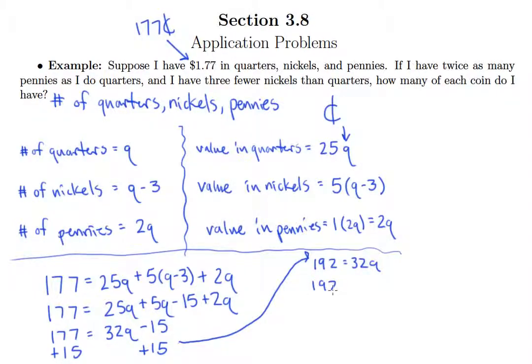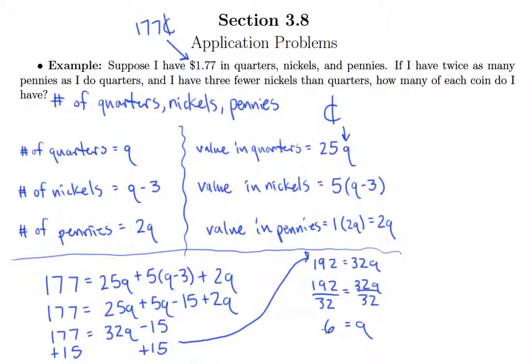So we divide both sides by 32. 32 goes into 192 6 times. Might need to do a little scratch work to get that, but we get 6 equals Q.